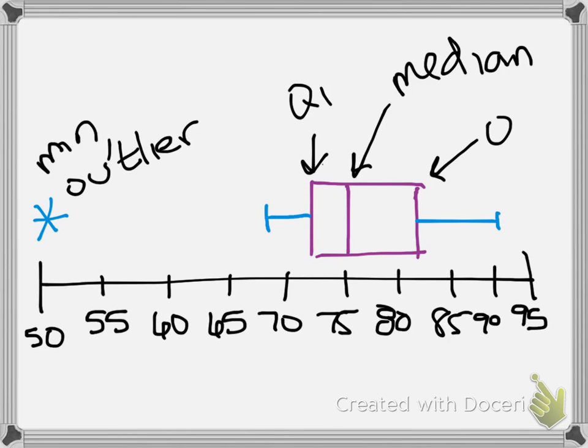This is Q3. This is the maximum. Okay, and then this 68 value that I had to put on here, we don't really have a label or a name for it. It's just a way for us to finish creating that box plot. So this is how you create and read a box plot.